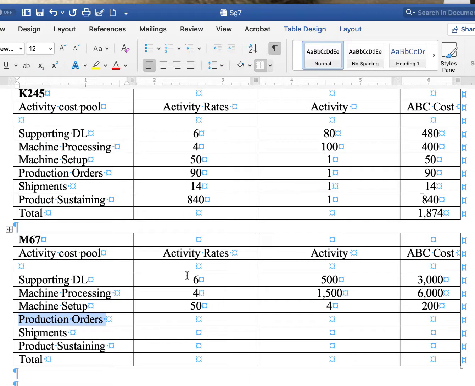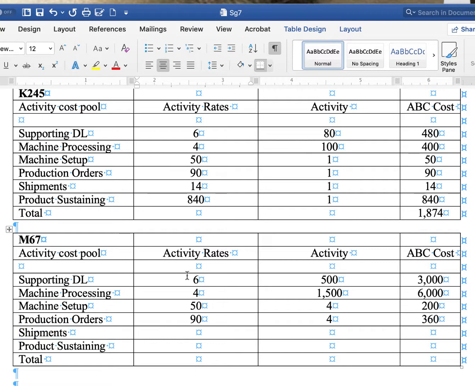I know that the activity cost pool of production order has an activity rate of $90 per order. Okay, how many orders do I have of M67? Well, I have 4. So 90 times 4 is $360.